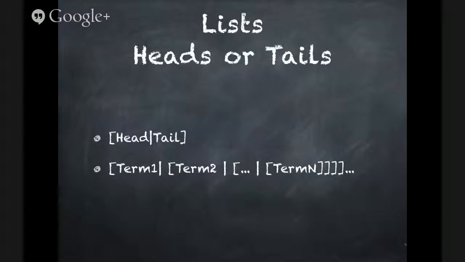The tail is everything else. So that second bullet point there is saying that term 1 is the head of everything after that pipe. Term 2 is the head of everything after that pipe, and so on. You can go indefinitely. They also talk about proper lists, which basically means that it always ends with an empty brackets at the very end.